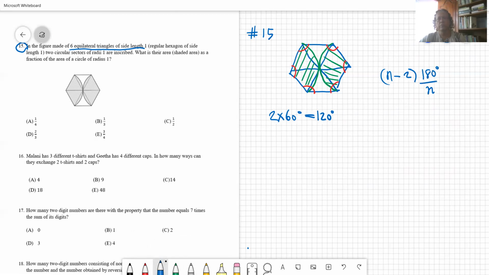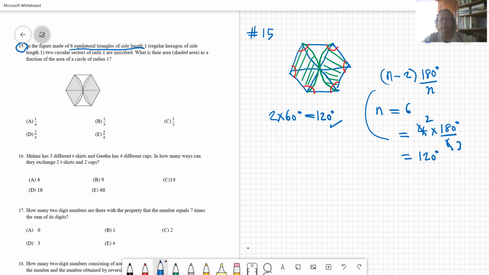So when n is equal to 6, what do we get here? 6 minus 2 is 4, times 180 over 6. So this is 2 and here 3, so 180 over 3 is 60. So this is 120.